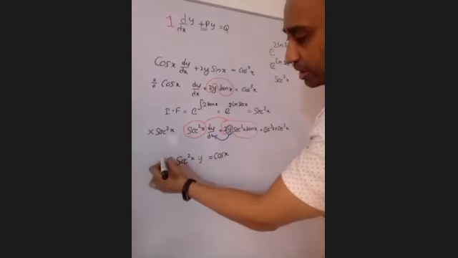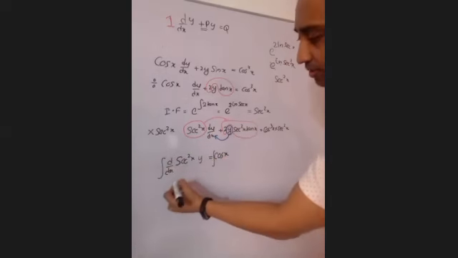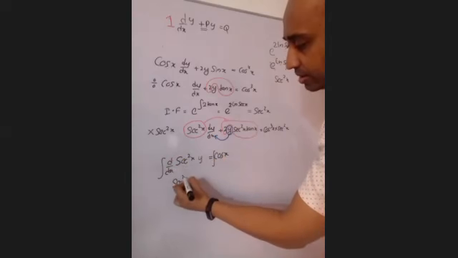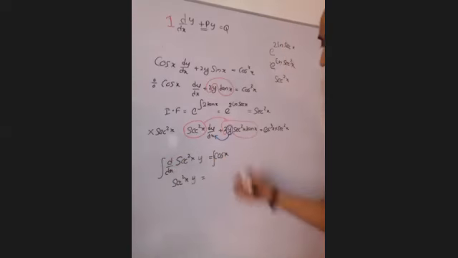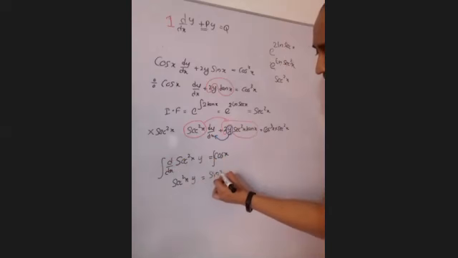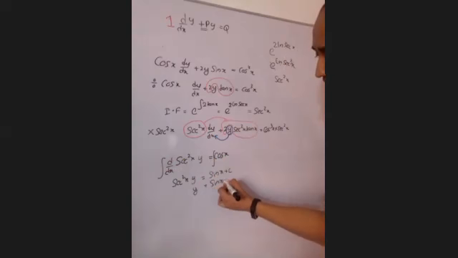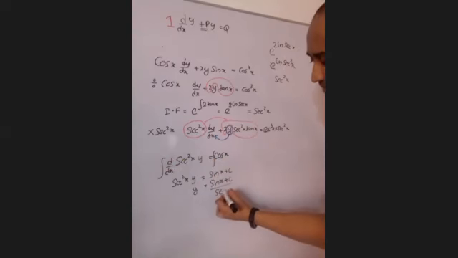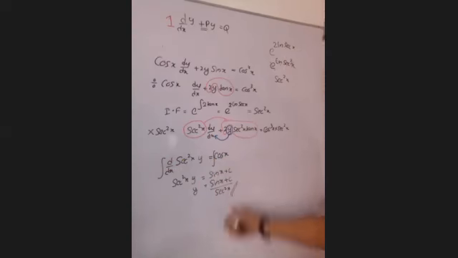Then I'll integrate both sides. So you get sec squared x y equals the integration of cos x, which is sin x. Then you can say sin x plus c over sec squared x would be the answer for y. That's a way of getting this kind of integrating factor.